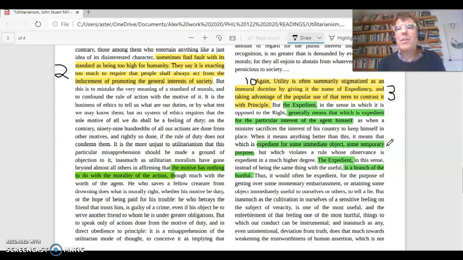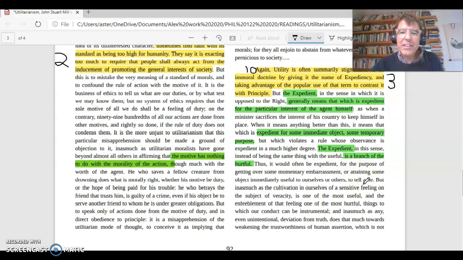So he's saying that this is a misunderstanding of utilitarianism to say that it's about expediency. The expedient, according to Mill, is a branch of the hurtful, whereas utilitarianism will cause us to do good. So basically his rebuttal is that utilitarianism is not doing what's expedient. He says this is a misunderstanding.